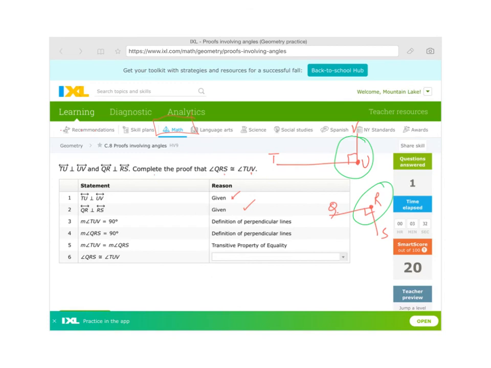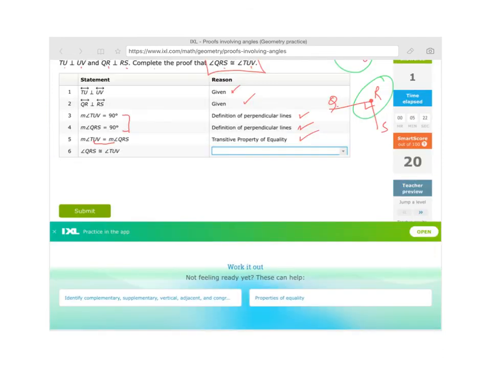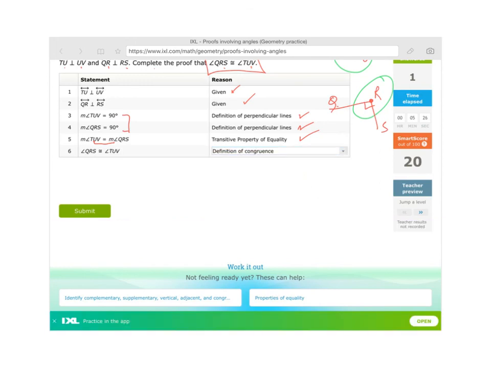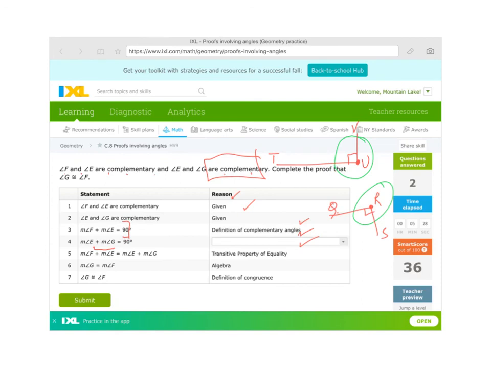So we used the same idea to define these two, right? And then because there's 90, we equated these two, right? And we said transitive property of equality. So how can we prove the last part, that these two angles are congruent? What should we choose from our drop down menu? The definition of congruence, and there we get that, right?